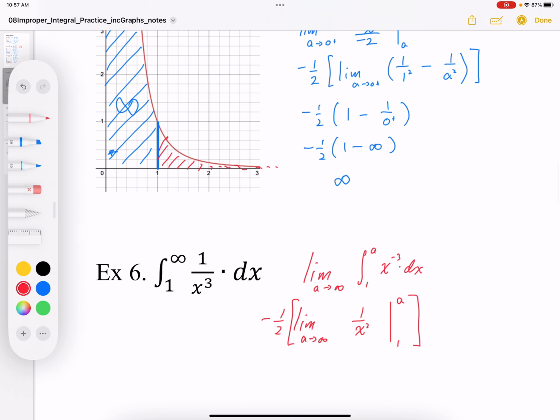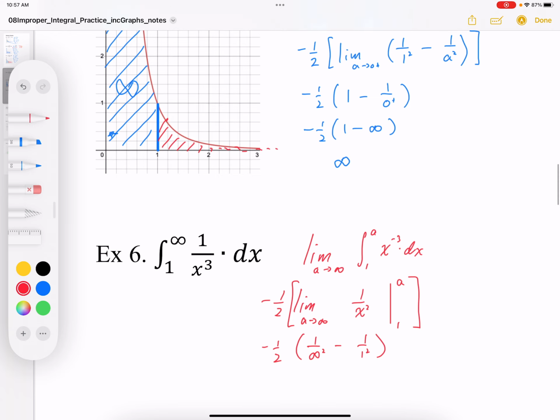Okay, so I'm just going to plug in my values. I'm going to evaluate this limit. So I end up with 1 over infinity squared minus 1 over 1 squared. And then evaluating this, 1 divided by infinity squared is 0.